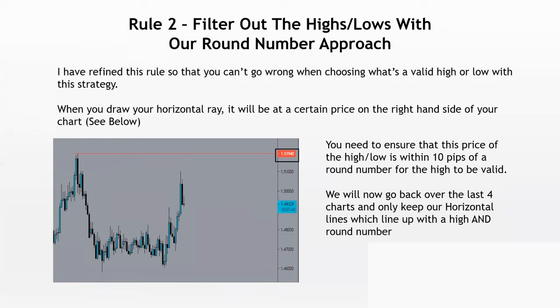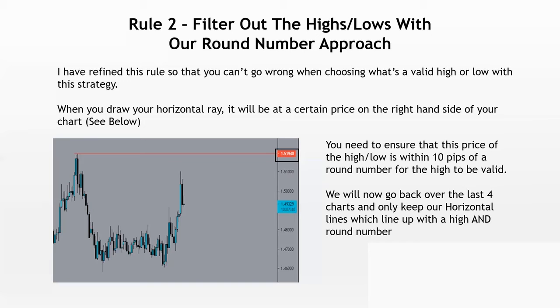So when you draw your horizontal ray, there will be a price on the right-hand side where your horizontal ray is, right? So you should all do that now, if you're on TradingView and doing this along with me. So we need to ensure that the price of the high or the low is within 10 pips of a round number.